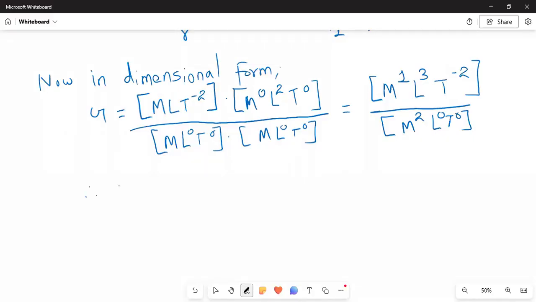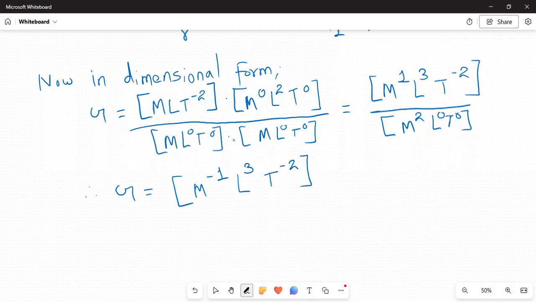Therefore G equals M^1 in the numerator and 2 in the denominator means minus 2, so M^(1-2), M^-1, and L^3 minus 0, L^3, and T^-2 minus 0, T^-2.